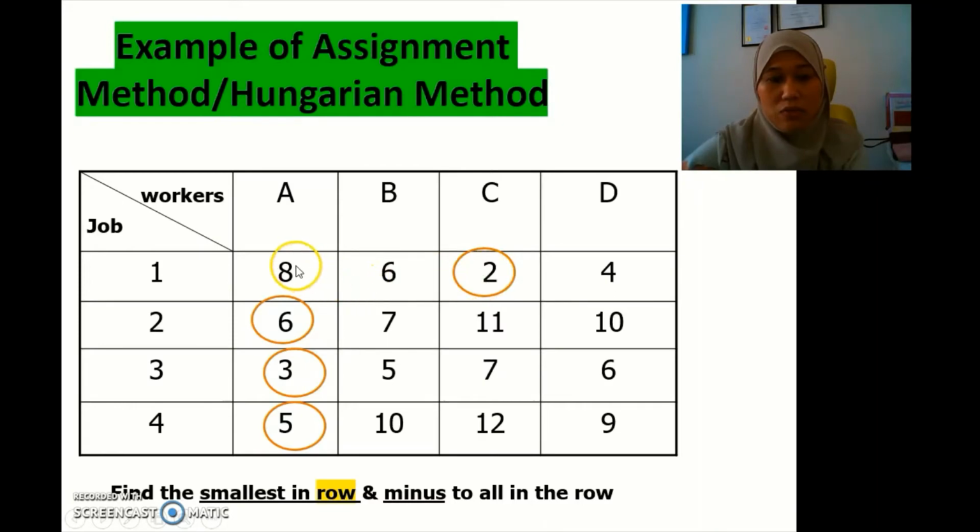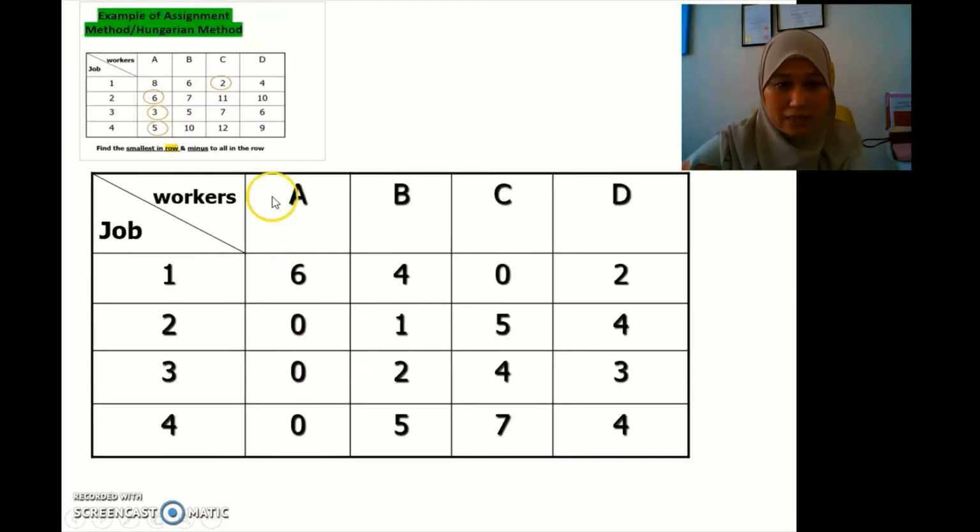Okay, so for this one, going to be 8 minus 2, 6 minus 2, and then 2 minus 2 is 0, and then 4 minus 2. And you have to do for all other rows, in which this one is 6 minus 6, 7 minus 6, 11 minus 6, 10 minus 6, and so on. So you have to do for each row, and then you will have another table with the answer like this.